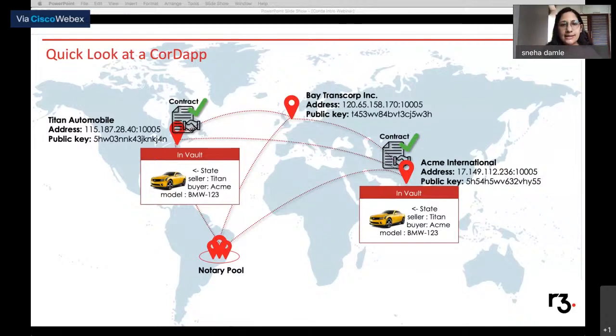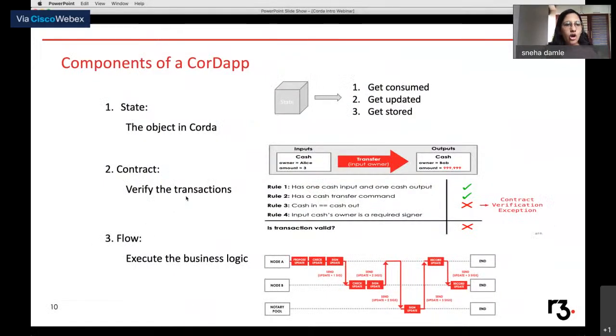So moving on to the next slide. Now let's go into slightly more detail about states, contracts, and flows. In Corda, all the shared facts are part of the state, or are called states.